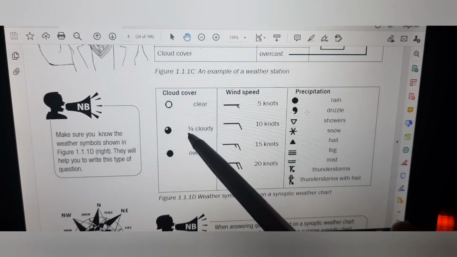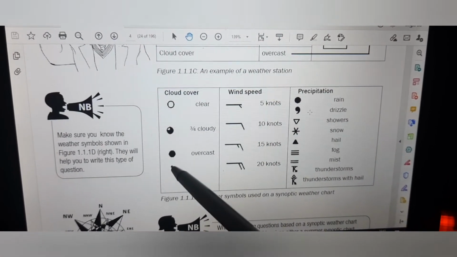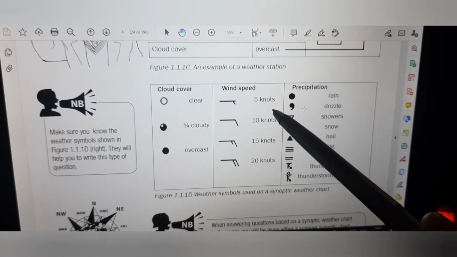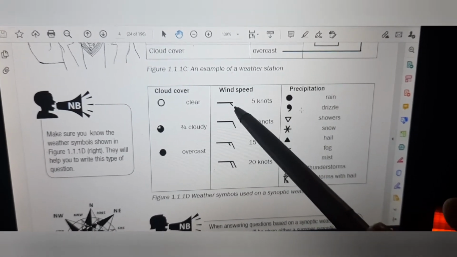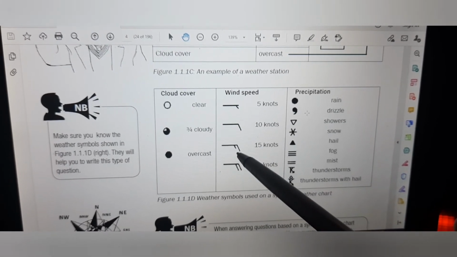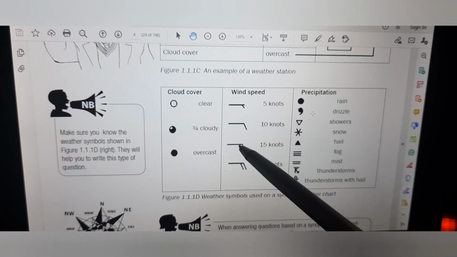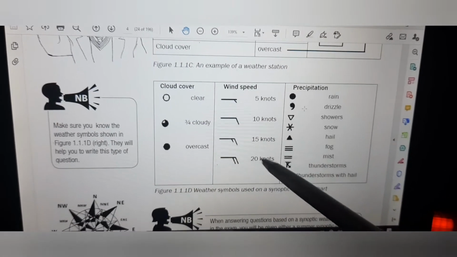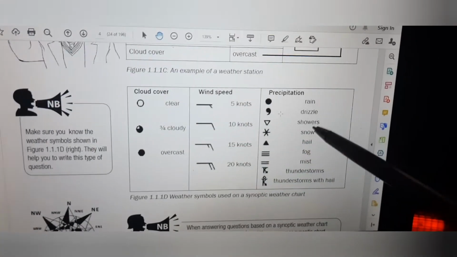When it's covered three quarters, it's cloudy. When it's covered fully, it's overcast. And then when it comes to speed, when this knot is a quarter, it's 5. When it's full, it's 10. Again, like I said, when it's this, it's 10 and 15. When it's two of these, it's 20, because it's two 10s.